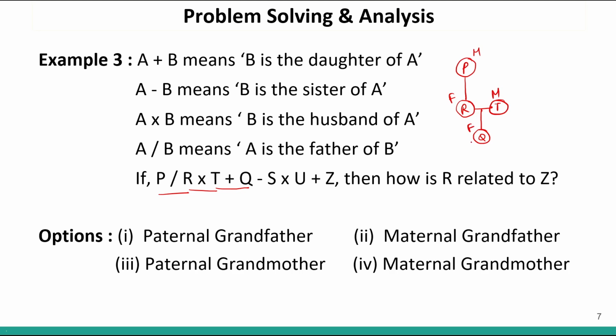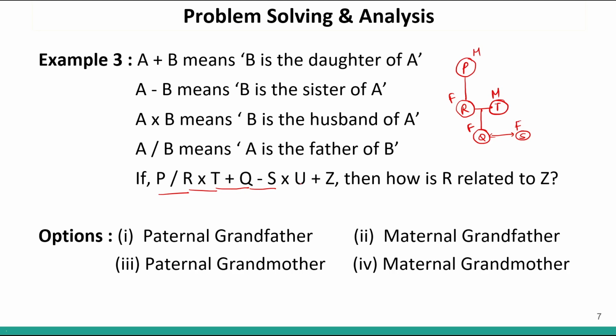So 3 generations we have gotten so far. Q minus S means S is the sister of Q. So I am denoting the sibling bond like this. If S is the sister, that means S will also be female.